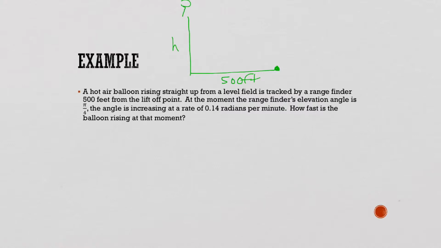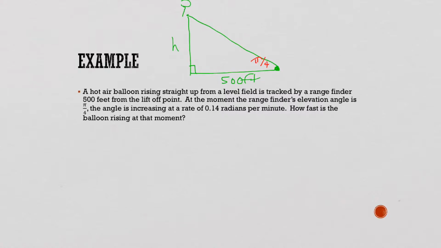It's tracking it. The moment the rangefinder's elevation angle is pi over 4. So when I look up, notice here I have a right angle. This angle is pi over 4. The angle is increasing at a rate of 0.14 radians per minute. How fast is the balloon rising at that moment?